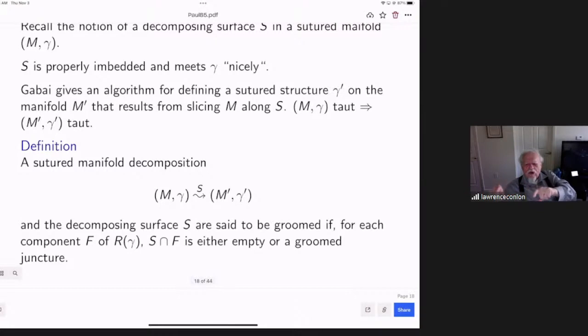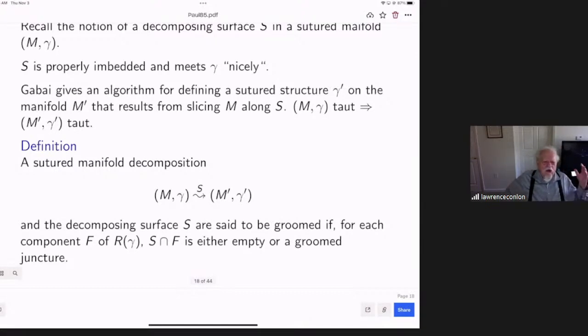That's one of the things we're trying to clarify in work in progress. If M, gamma is taut, then decomposing by a decomposing surface produces another taut sutured manifold. So the decomposition is given by the notation I have there, that wiggly arrow.